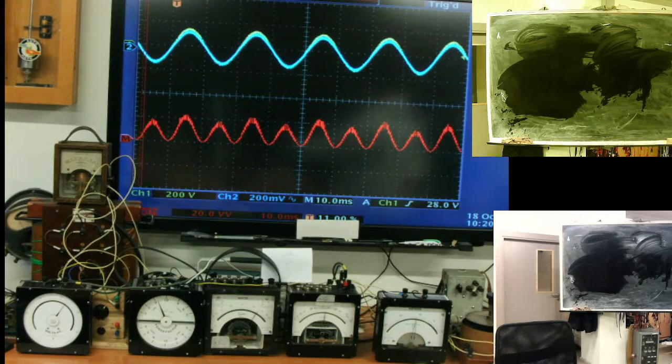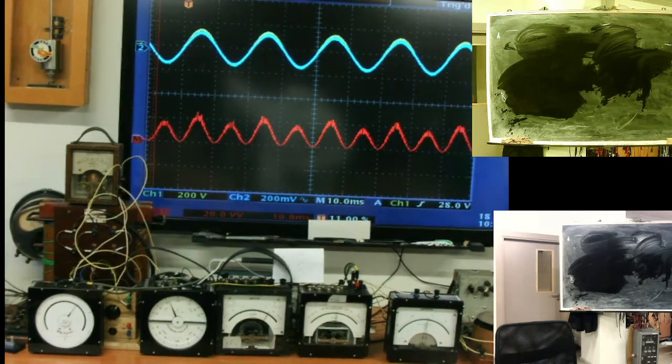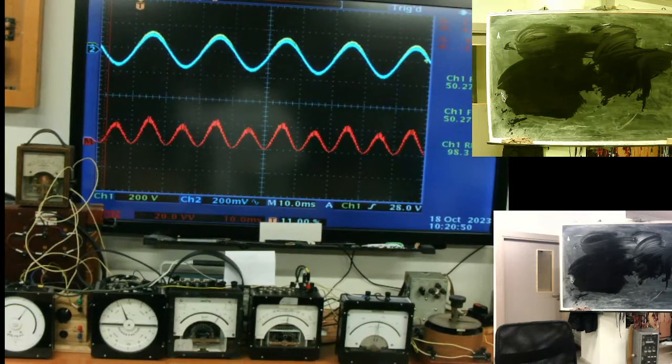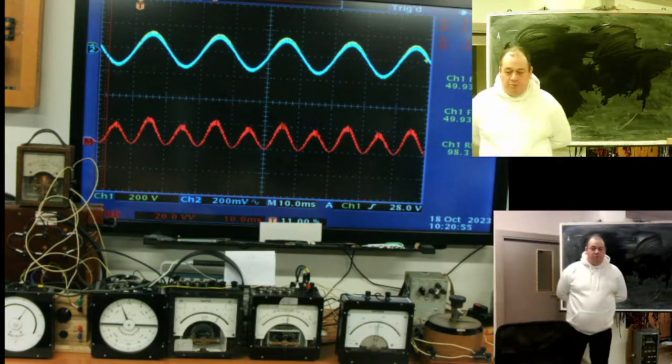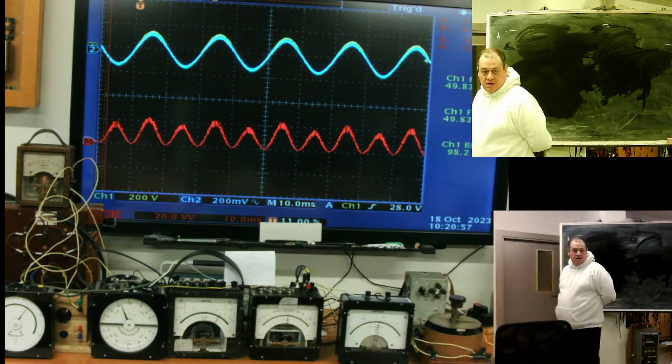So, with a twist, like this, to make the model visible, I can get any angle between voltage and current.